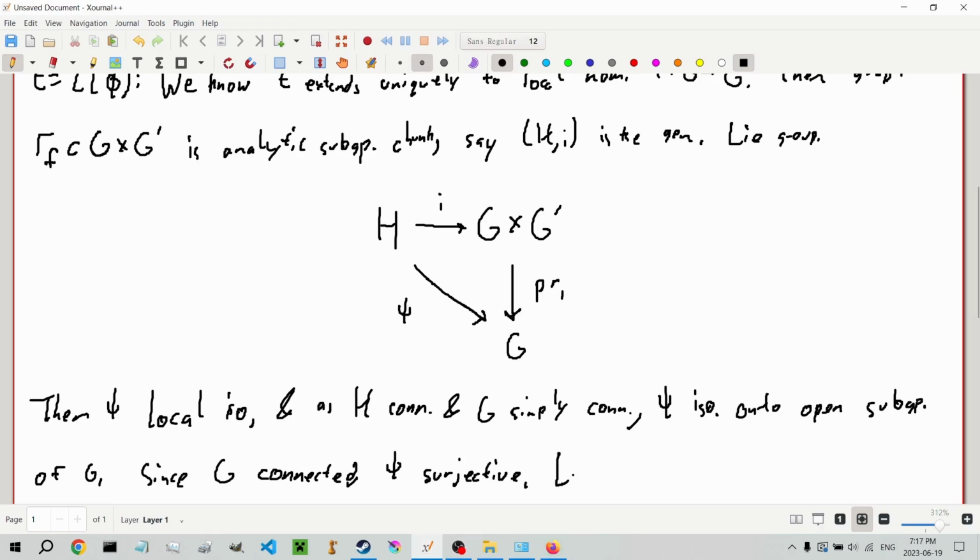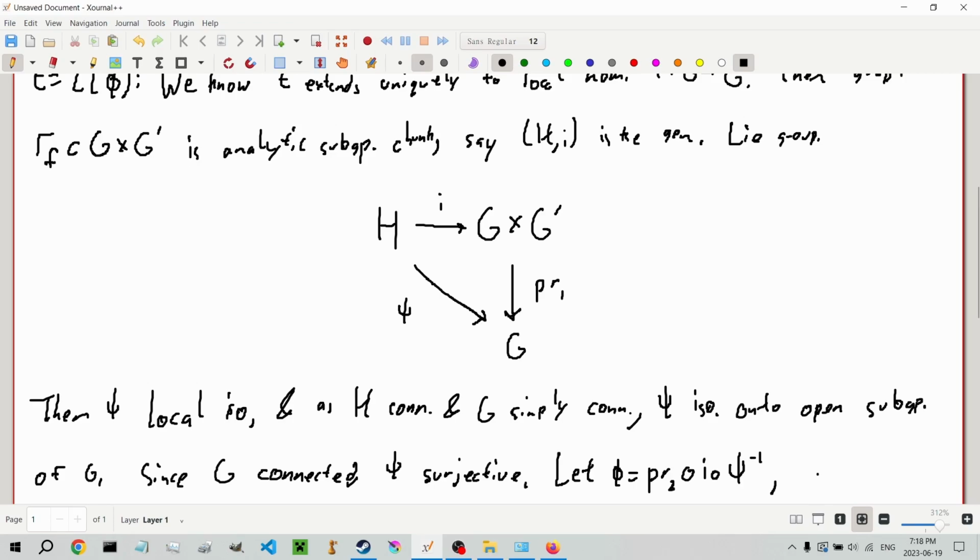We're going to let phi be our second projection of i of C inverse. So you can kind of see how that would work. It'd be a map from G to G prime from our above chart.